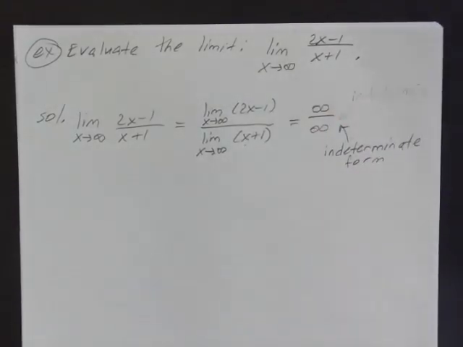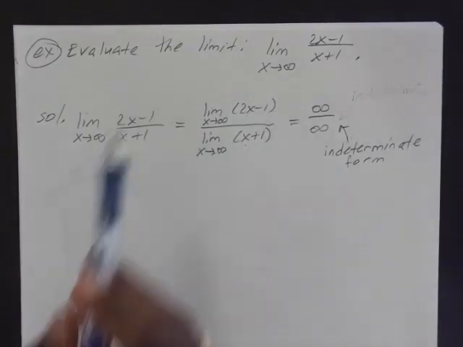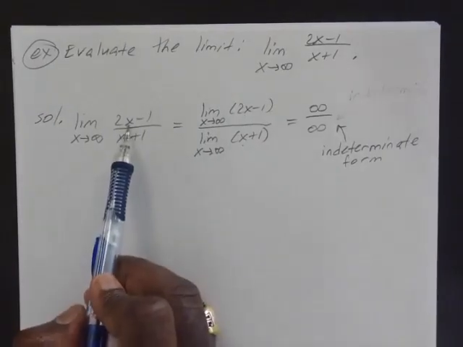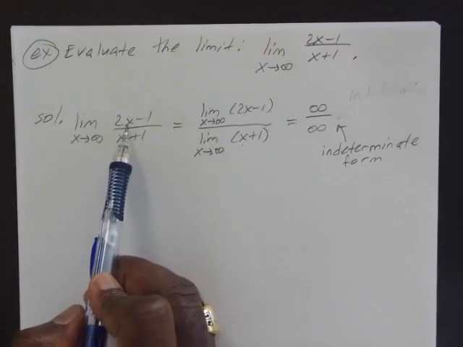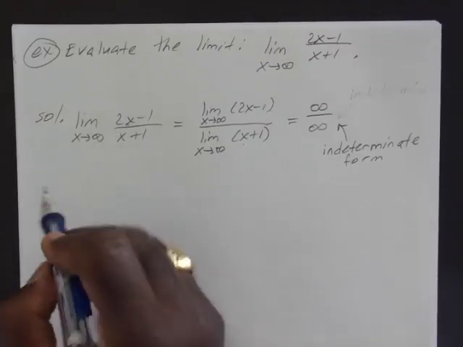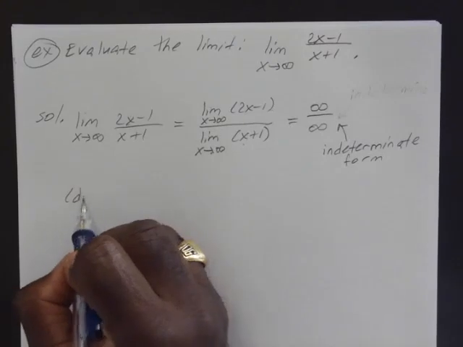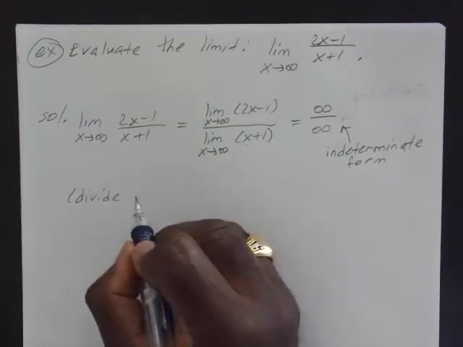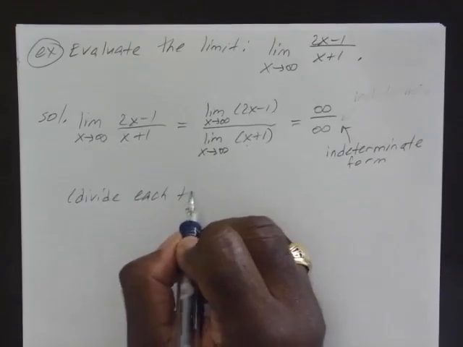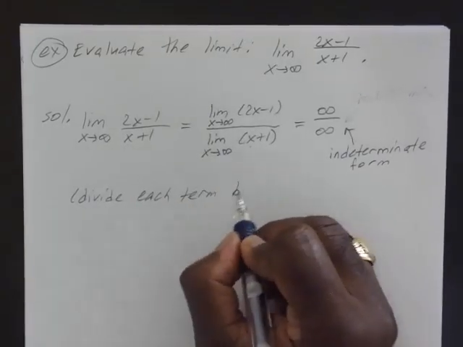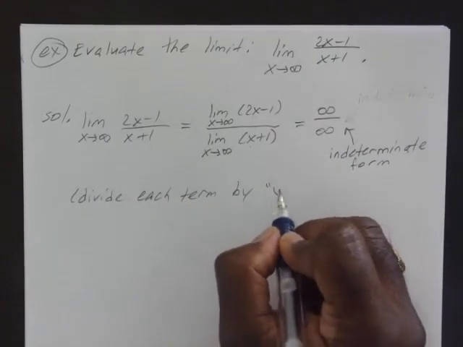But we can still get an answer from it. Because if you notice, the largest exponent for your variable is to the first power, or x to the first power. So what we're going to do is we're going to divide each term by x to the first power, or just x.